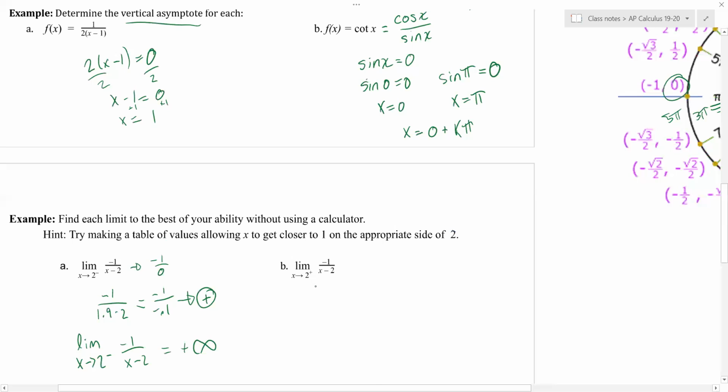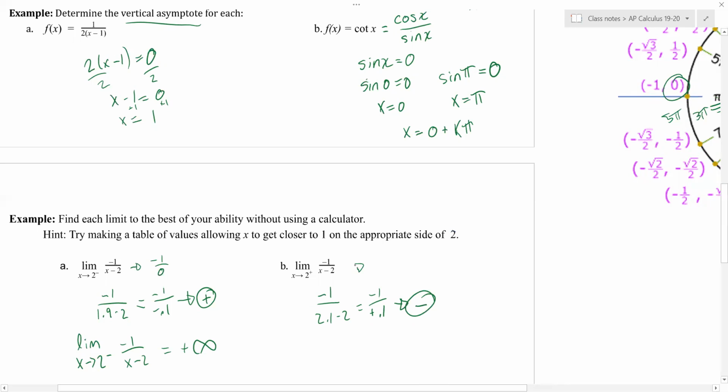What's a number to the right of 2? 2.1. -1 over 2.1 minus 2. So -1 over a positive 0.1. And again, remember, all we care about is the sign. Negative divided by positive is a negative.